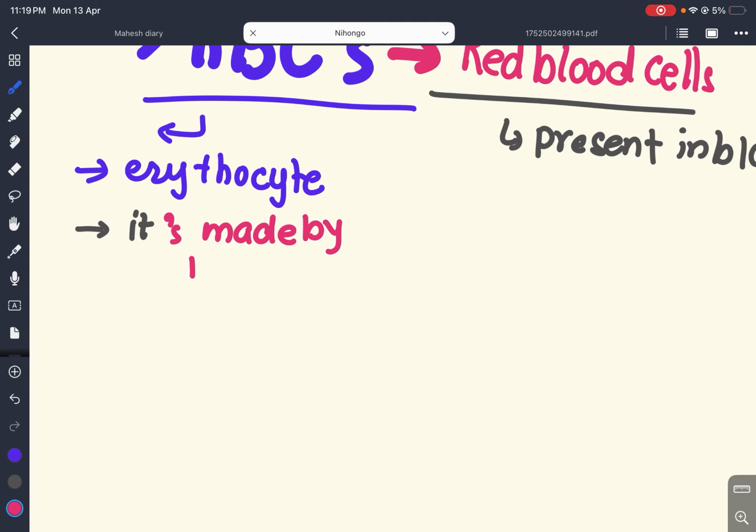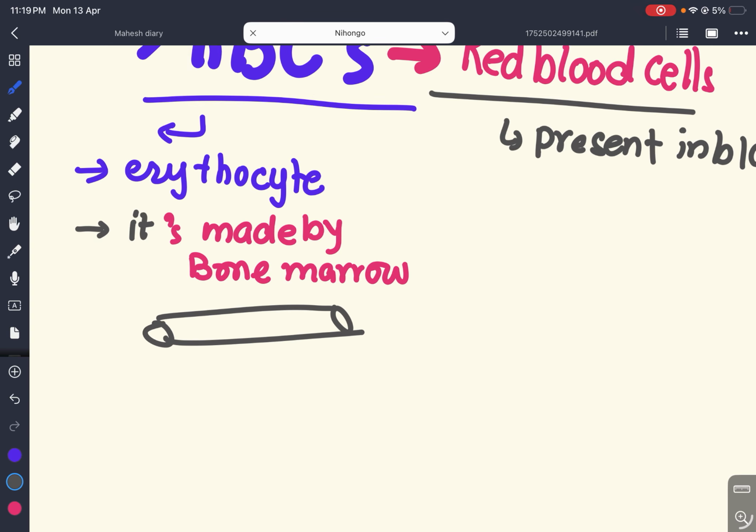What is bone marrow? You guys might have seen, for example, this is a bone of ours, and there is this liquid-like structure in our bones, which you guys might know, but just how would you imagine it? And you see there's this structure, bone marrow, and RBCs are made there.